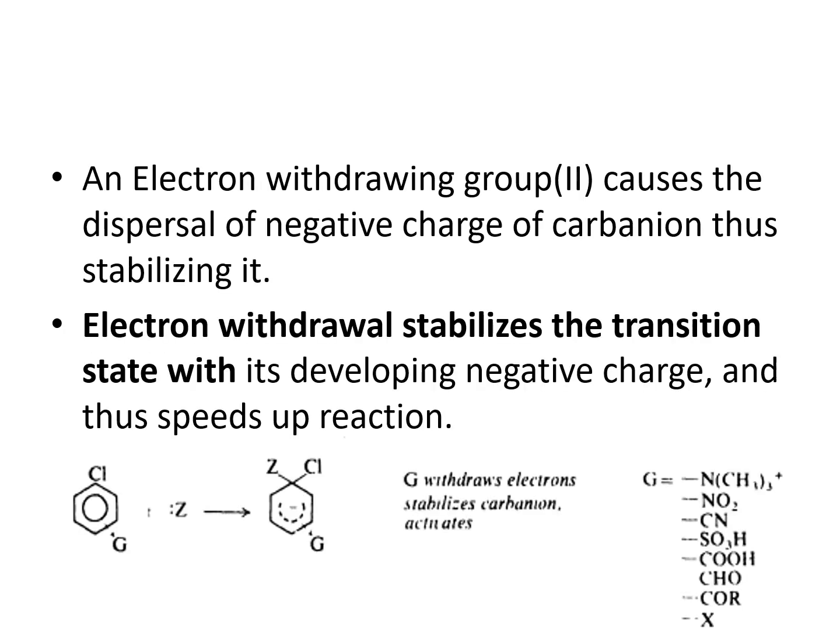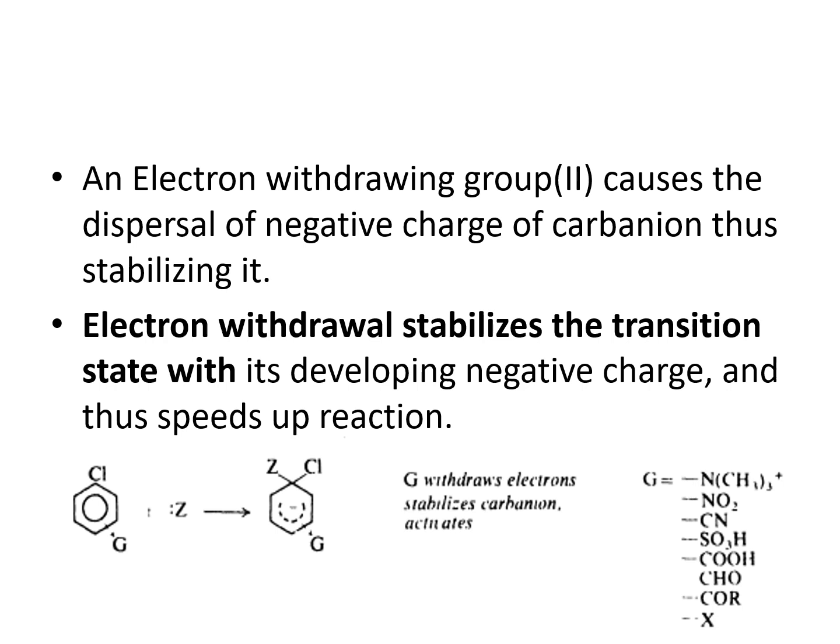This slide shows examples of electron withdrawing groups that withdraw the electrons from this carbanion, and that causes the dispersal of the negative charge and stabilization of the carbanion, and ultimately leads to the increased rate of reaction.